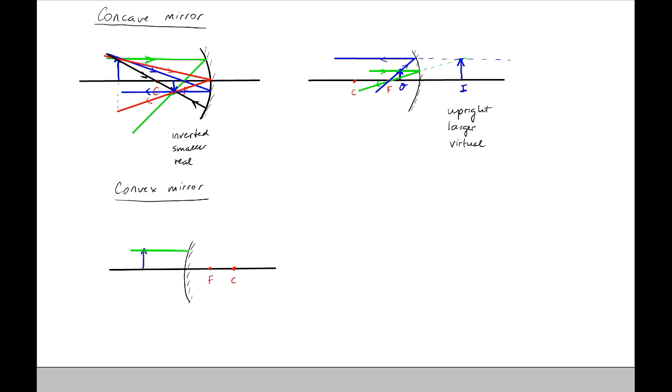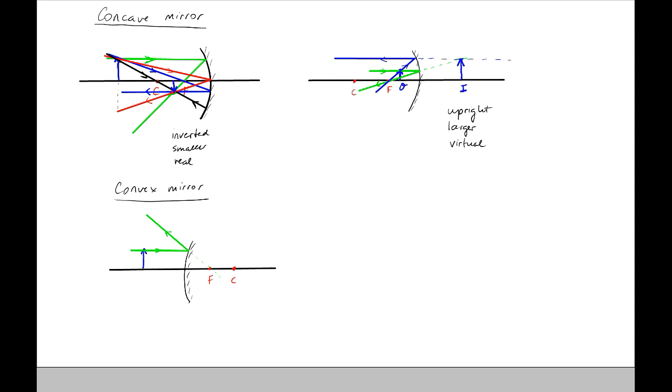Just to aid in my drawing here, I'm going to draw what happens behind the mirror, but actually I have to extend this like that. So that is the reflected beam. This is the incident beam. The reflected beam bounces away from the mirror so that the extension of this beam would pass through the focal point.